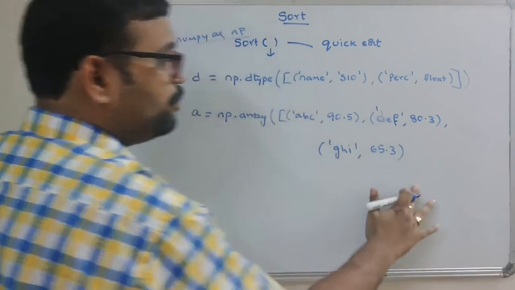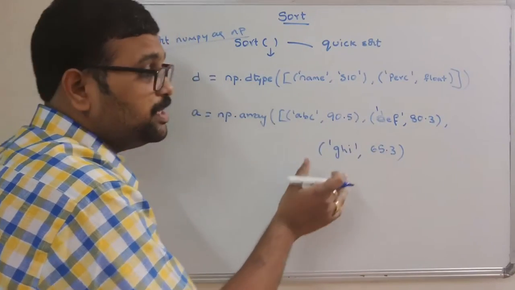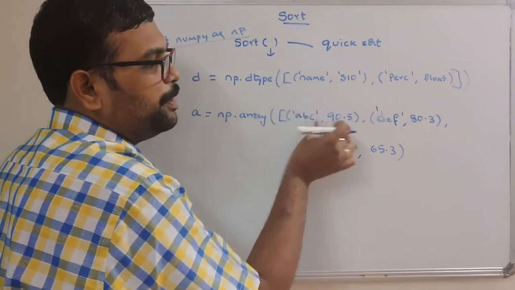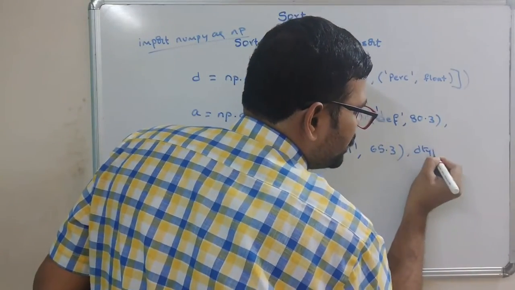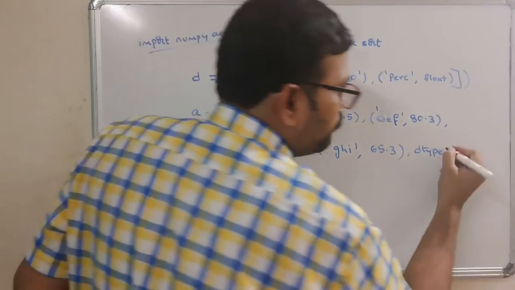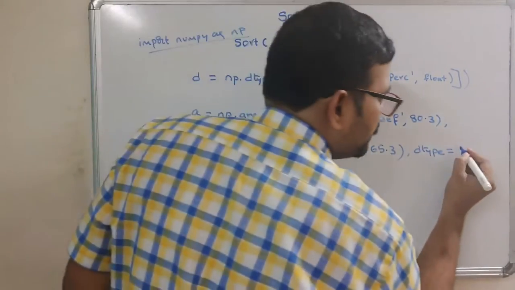Here we have to map this data type to these elements. Unless you map this, these field names will not be mapping to these elements. In order to do the mapping we have the attribute dtype. dtype is equal to whatever we assigned to this.